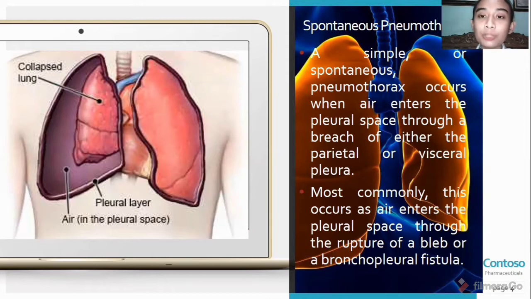This is called the primary spontaneous pneumothorax. It may be associated with diffuse interstitial lung disease and severe emphysema. The other spontaneous pneumothorax is a secondary spontaneous pneumothorax, which can occur if the person already has a lung disease.